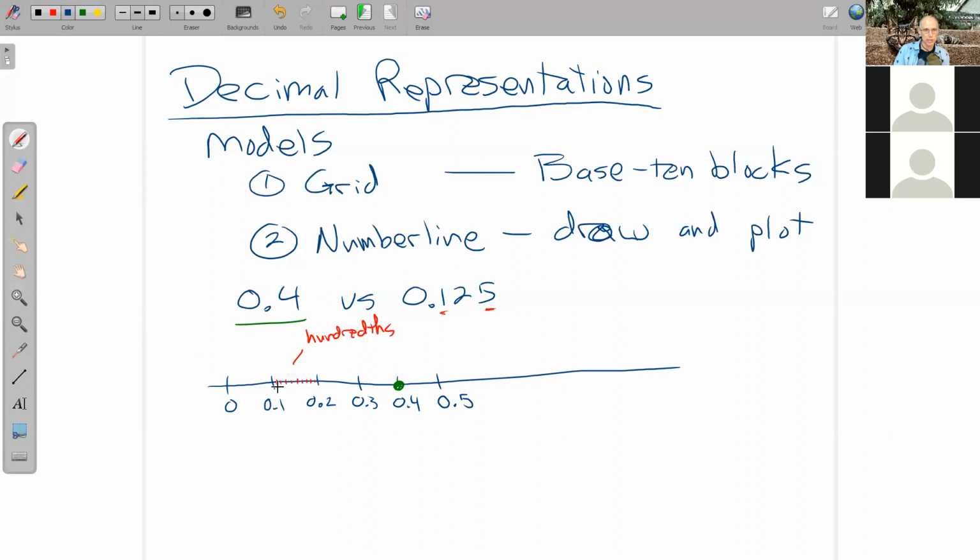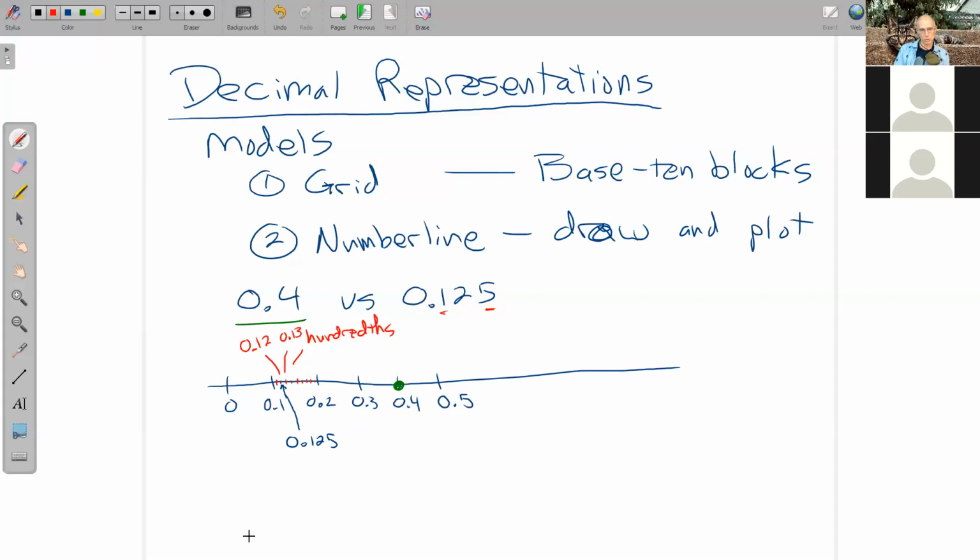So right in between these two right there in the middle is my 125 thousandths. And right, it lives in between this red mark, which is 12 hundredths, and the red mark next to it, which is 13 hundredths.